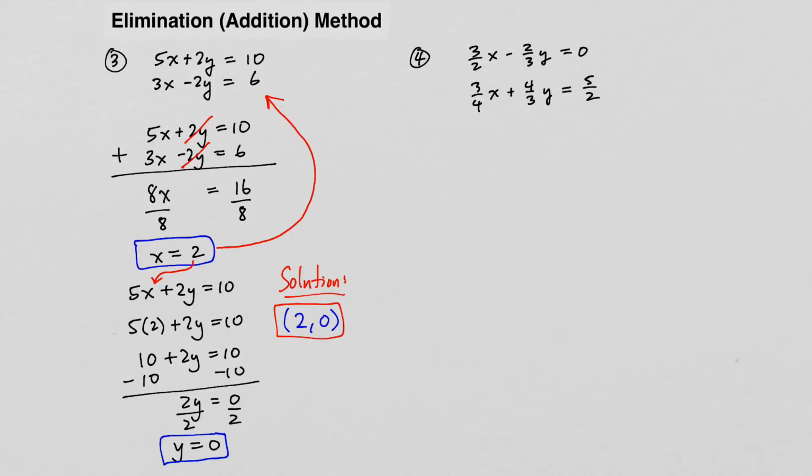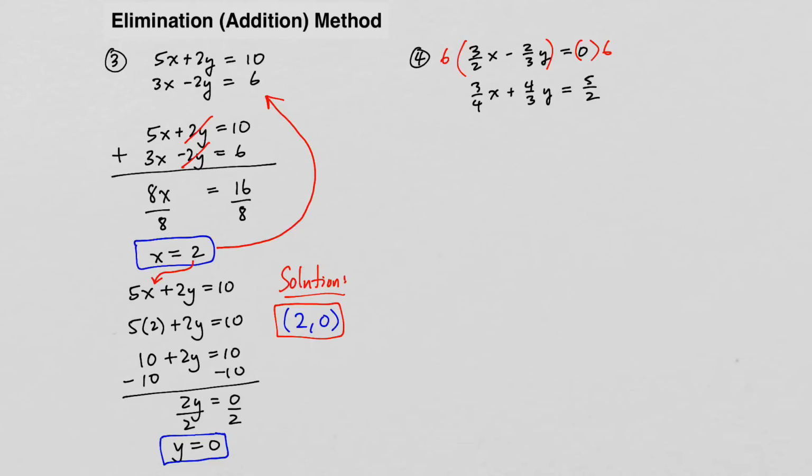This problem will be much easier if we don't have any fractions. So what I'm going to do here in the first equation is multiply both sides of the equation by the least common denominator. And the least common denominator between 2 and 3 is 6. So I'll multiply both sides by 6.